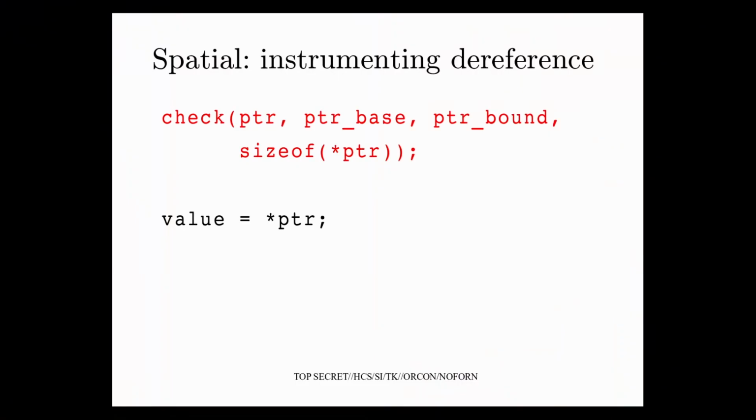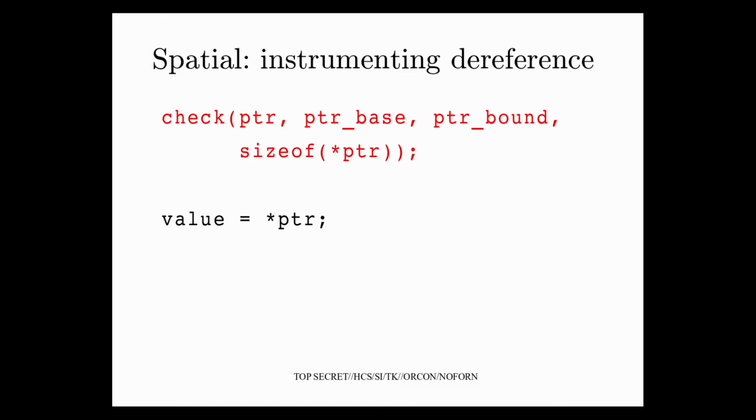So what are they doing? Essentially, again, black is what the user writes, red is what the tool is inserting. We're looking at C code here, which we have to think about as a high-level representation of the intermediate representation it's actually working on. We see there a load from a pointer. The check for a store would be totally equivalent.